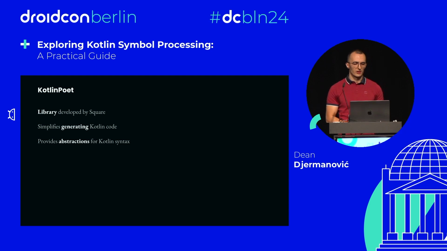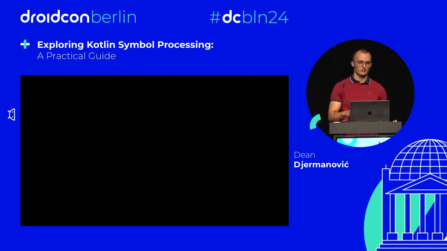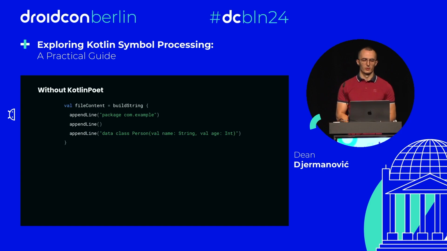So Kotlin Poet provides abstractions for Kotlin syntax, and it allows us to create constructs such as classes, functions, or basically any other Kotlin code construct, which makes the whole process of generating Kotlin code more simple and more intuitive. So let's take a look into an example on how we would generate a simple data class with and without Kotlin Poet.